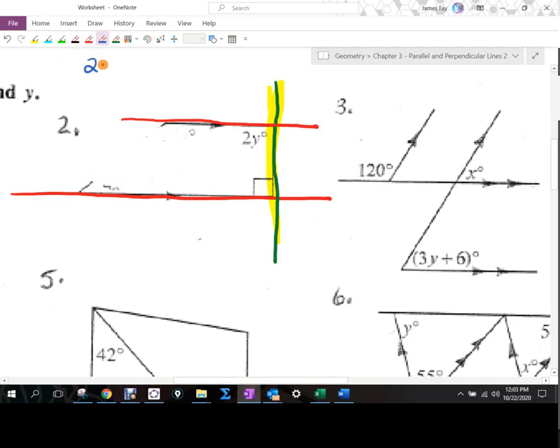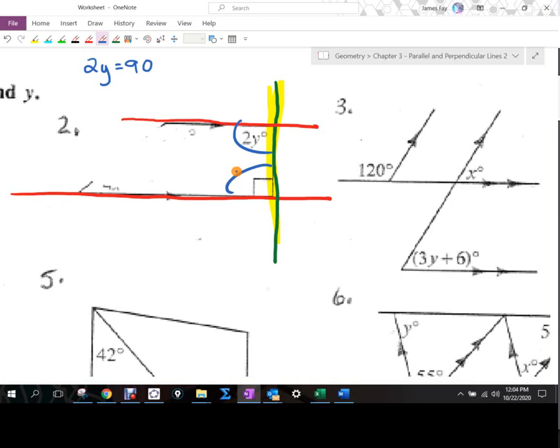Okay, why? Okay, so you said 2y is congruent to 90 degrees. I do not disagree. Maybe we should say 2y is equal to 90 degrees, but I think you're telling me that this angle here and that angle there are congruent. Why? Okay.